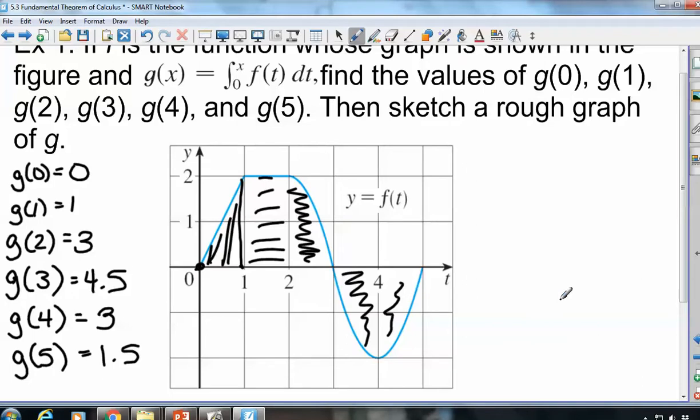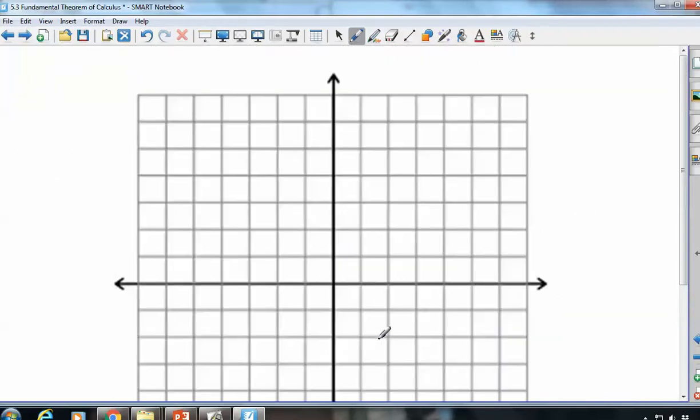Okay, it asks us to also sketch a graph of this. So I put, I think, a grid on the next slide. G of 0 was 0, so we're just going to plot these points. G of 1 was 1. We had 2, 3. We had 3.